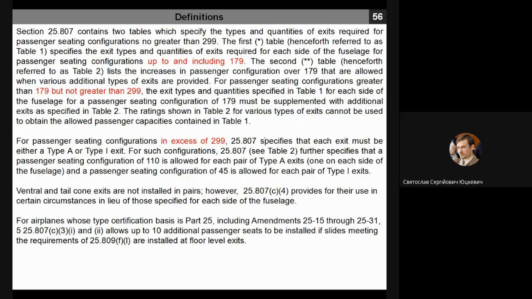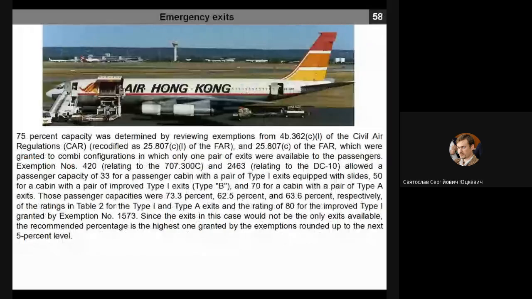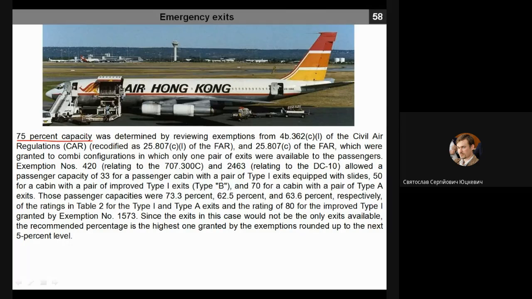Okay, so to do not waste the time, I pay attention on next one. So how will determine a 75% capacity for the dead end? It was taken from the airplane operator that has a combi version. So a half of airplane is a cargo airplane, the aft part is a passenger airplane.